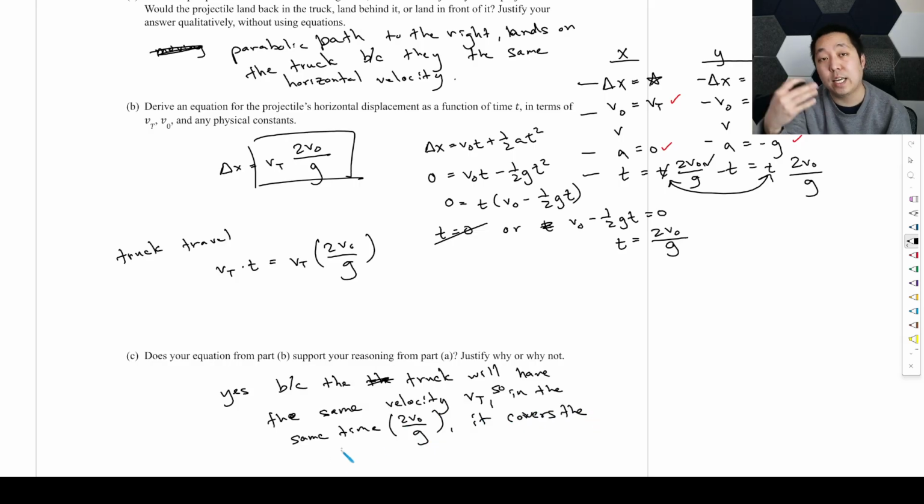And that's what we mean to catch it. It means that in the same time, the truck's gonna be in the same spot where the box is gonna be, or the mass is gonna be, and so thus it's gonna land on the truck. It covers the same distance. Okay, that's how I would answer that question there.